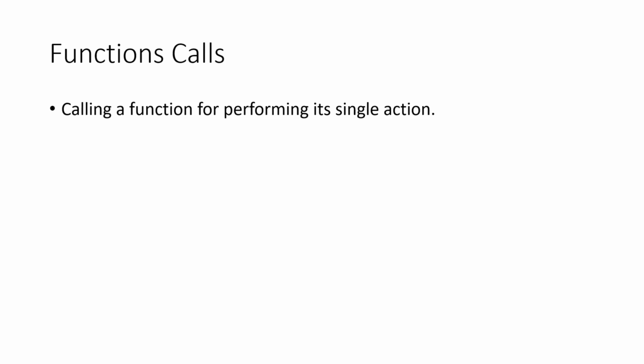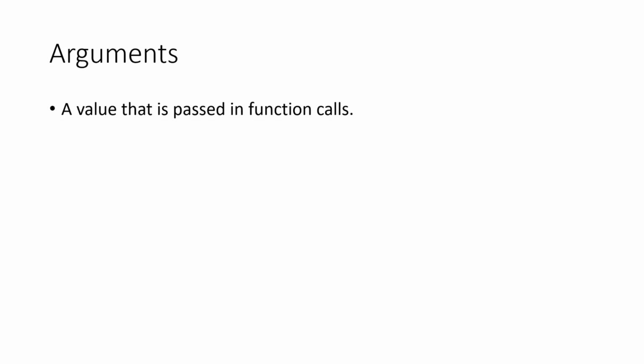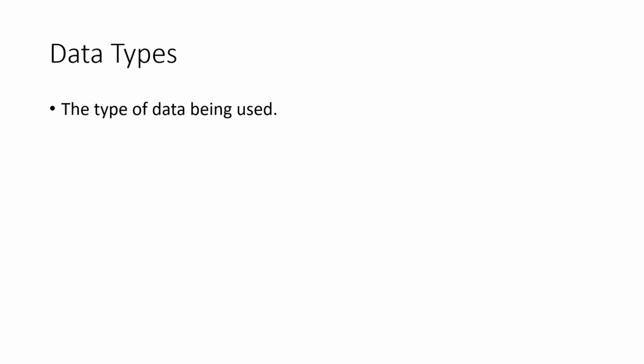We can do that. But what if you want to provide your own numbers? We can do that using arguments. So, we will pass arguments or a value inside the function call, and that will enable the function to use our values or our arguments to execute the function. So we'll see how that works as well.